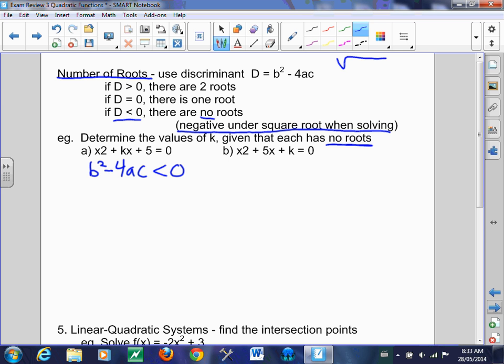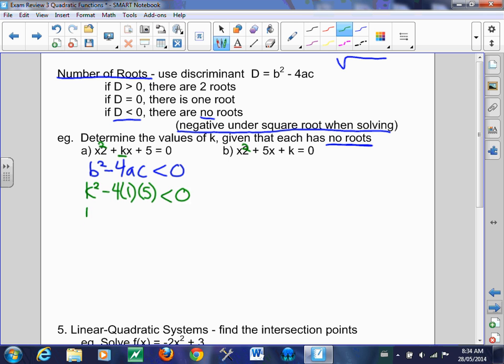All right, let's sub in the values that we know. So b in this one is k, so we're going to go k squared minus 4 times a, which is 1, and c, which is 5, is less than 0.